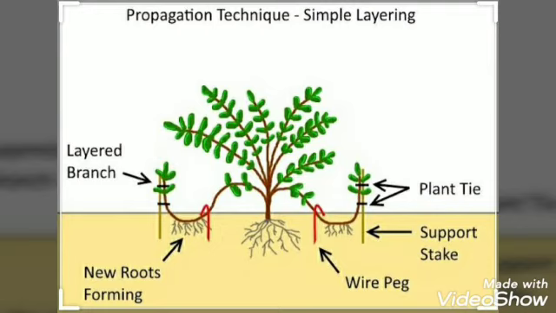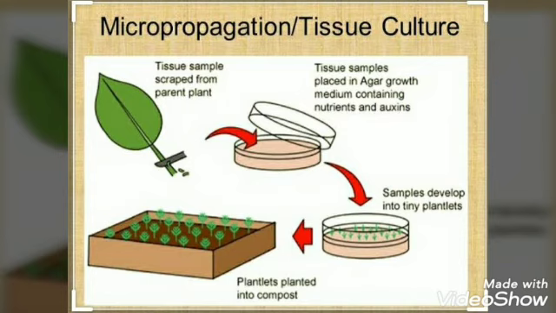The last method of vegetative propagation which we have to study is tissue culture. Now, it is a modern technique of vegetative propagation which is also known as micropropagation. In this technique, a small part of the tissue is cut from a plant and grown in an artificial culture medium containing all the necessary nutrients.